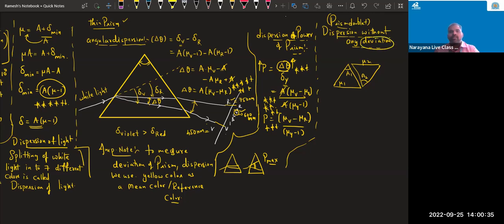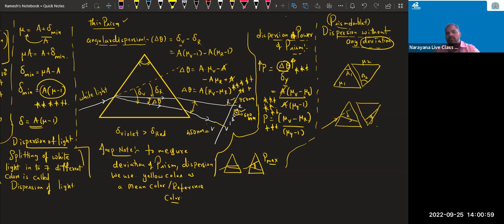Net deviation means what, students? When white light falls, which ray do I have to take as a reference? Yellow only, no? Yellow will deviate clockwise here. Once entered into this one, anti-clockwise deviation, correct or wrong?